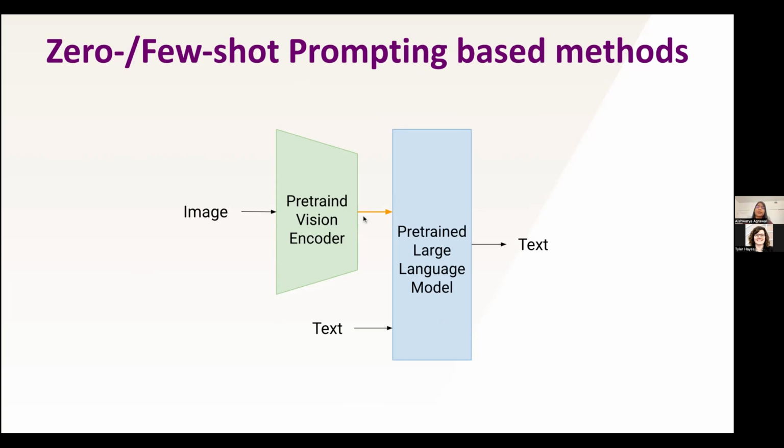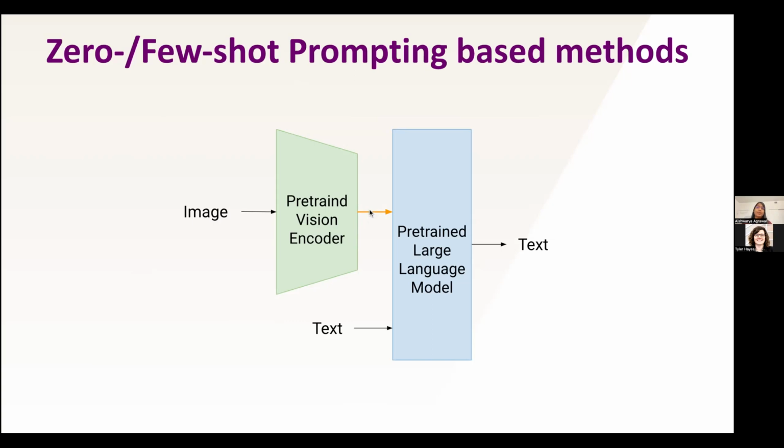So there would be this mapping network that would be learned, which would be trying to connect the vision part to the language part. Typically the vision encoder gives you features for images, like grid-based features and so on. And then the idea is to feed those to the language model. So you need to adapt these features so that the language model can consume them, and we need to adapt them to the input space of the language model.